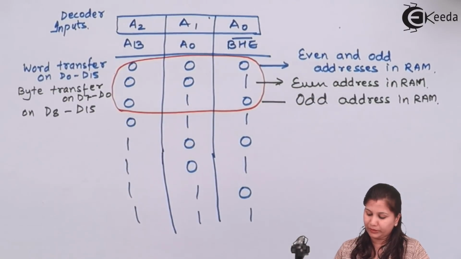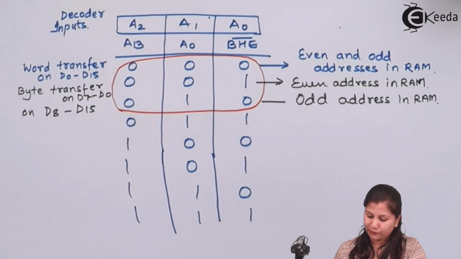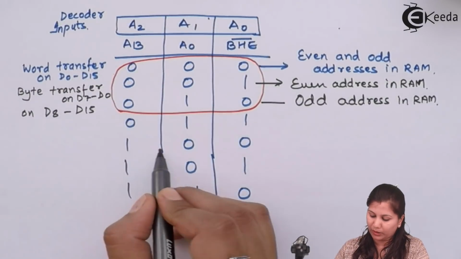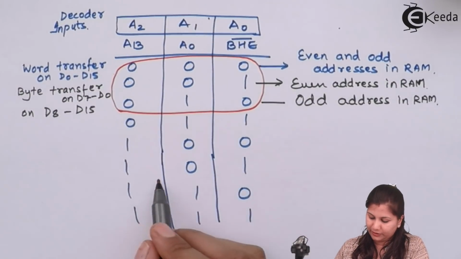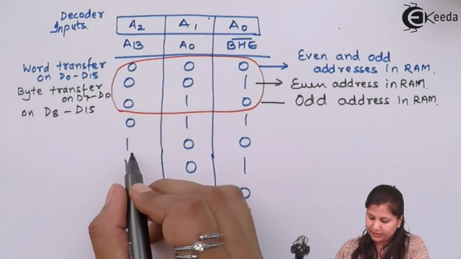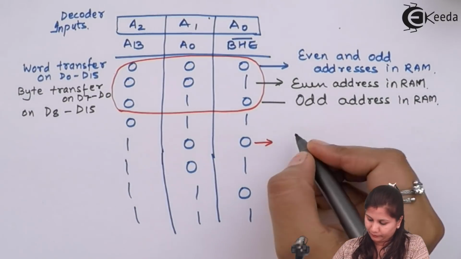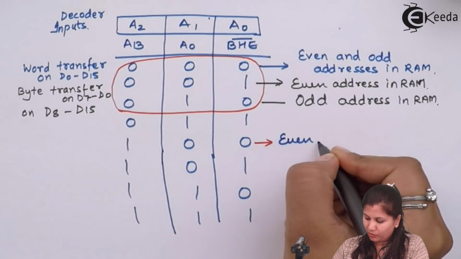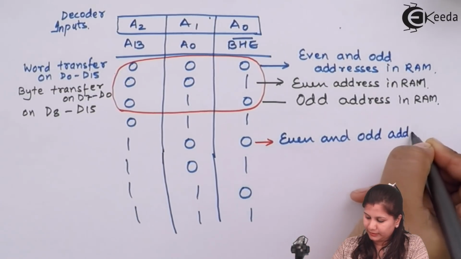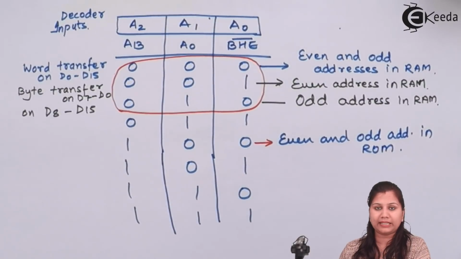Now we are left with 5 combinations. Out of these 5 combinations, we will use only 3: 1, 0, 0; 1, 0, 1; and 1, 1, 0. When it is 1, 0, 0, then both even and odd addresses in ROM will be selected.